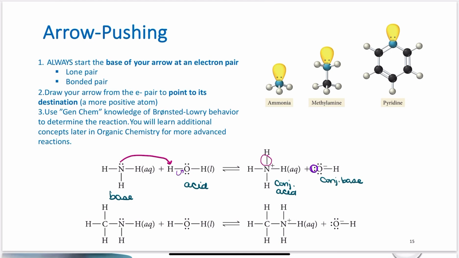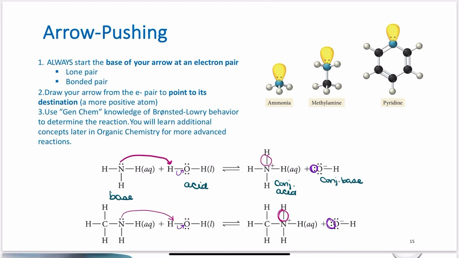My arrow always starts at the lone pair or electrons that are going to grab that proton. Again, forming this bond. And then this bond between the hydrogen and oxygen, those electrons are left behind on the oxygen. I have an entire worksheet put together with just some different examples of different amines, of different complexes for you to be able to practice arrow pushing. Please, please, please do so.